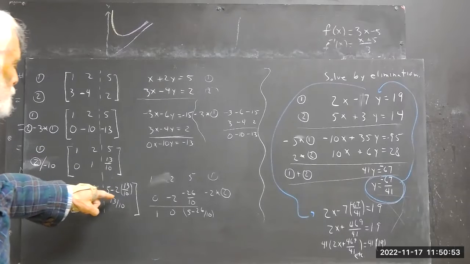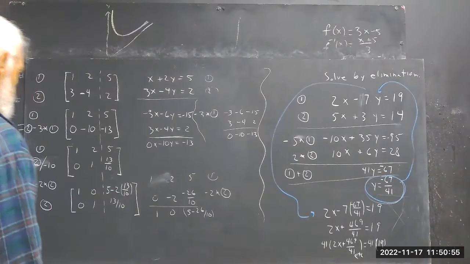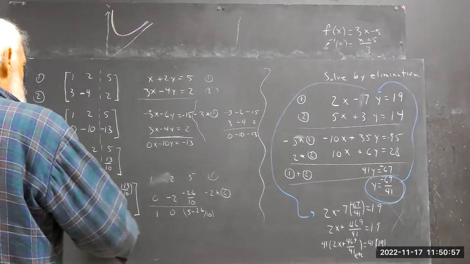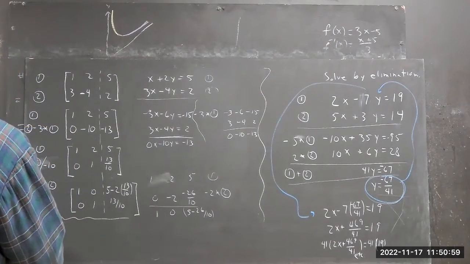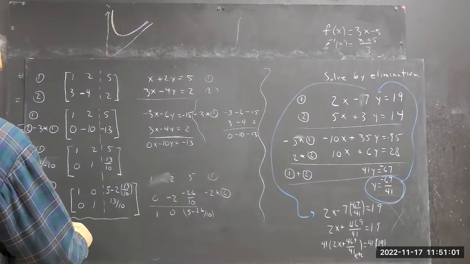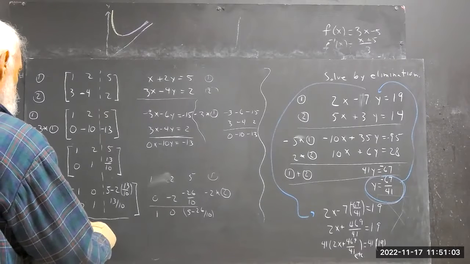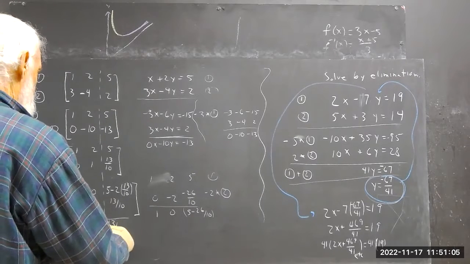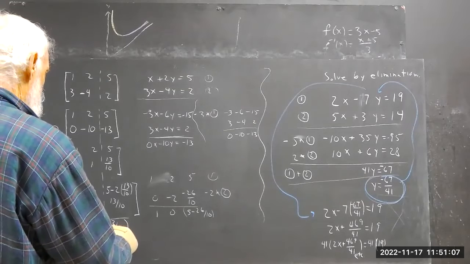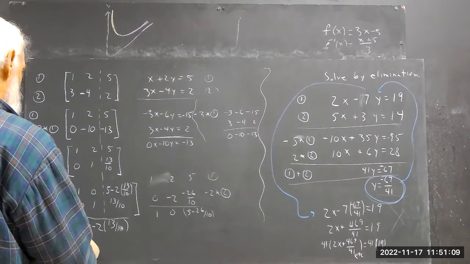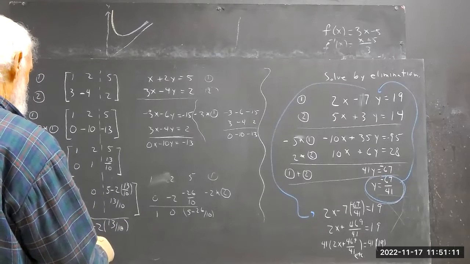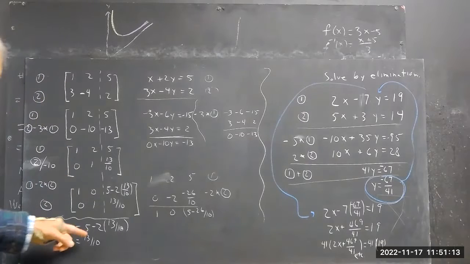Now, of course, I can do 5 minus 2 times 13 tenths. At this point, I just say, okay, x equals this, y equals this.